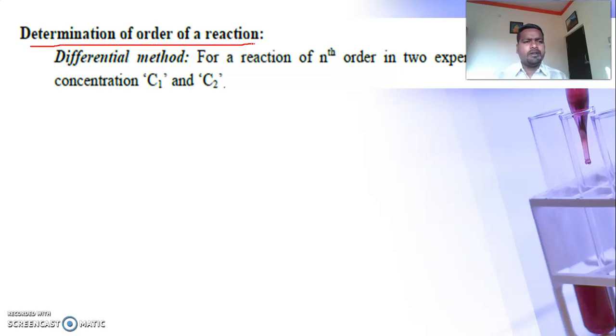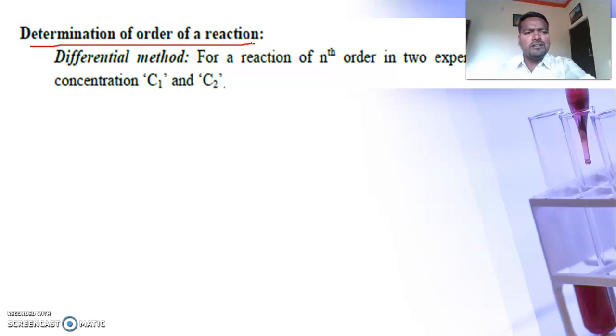Dear students, in the previous class we discussed, with so many examples, the meaning of order of a reaction and its significance. That is, order of a reaction is an experimental parameter through which we can understand the dependence of rate of reaction on concentration.